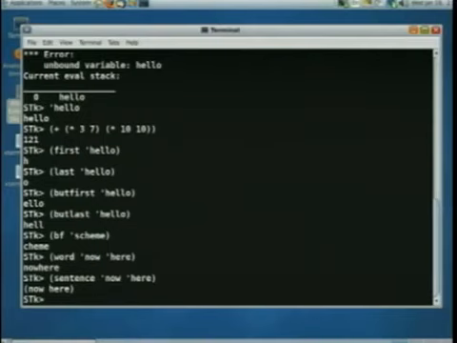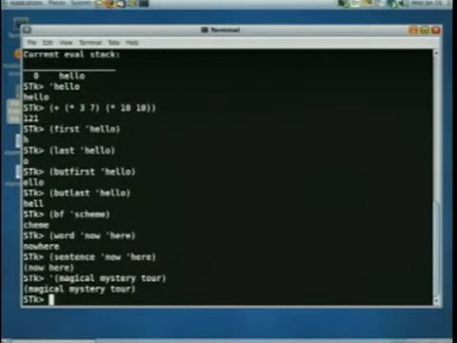It would mean, please call the function named now with the argument named here. Okay? If I actually want a sentence, I quote it, the same as you can quote a word. Okay?